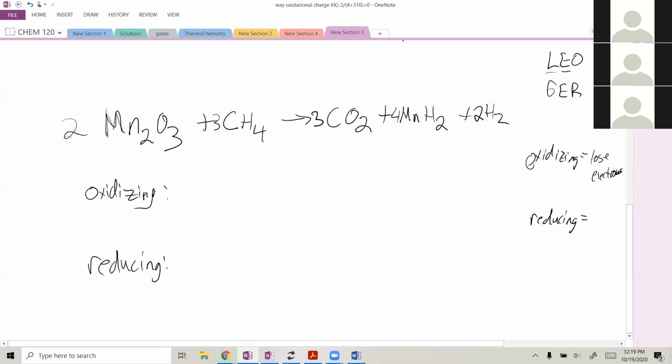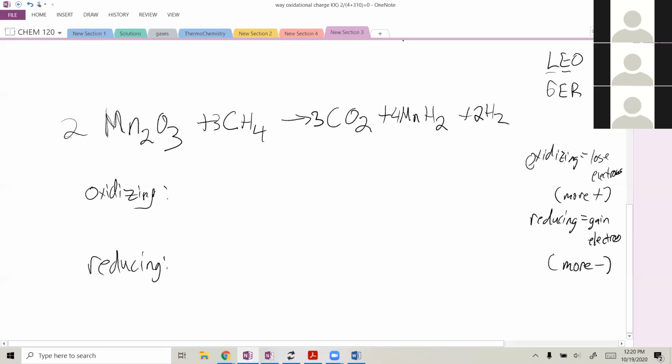Positive, right? So losing electrons feels weird, because our oxidation number is going to become more positive. Reducing is when we gain electrons. And because electrons are negative, we are going to become more negative as we gain more of them.